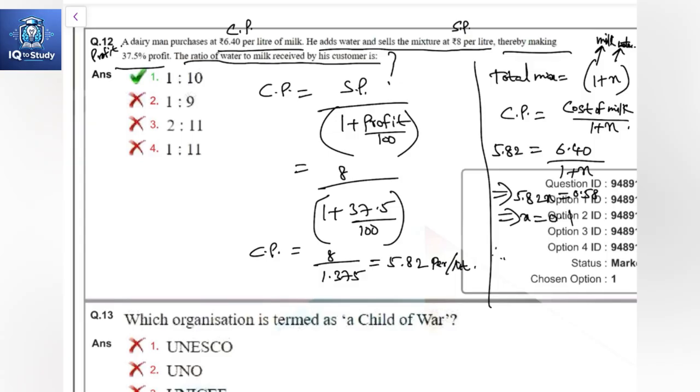So, ratio of water to milk is equal to 0.1 divided by 1, that is equal to 1 by 10, which is option 1.